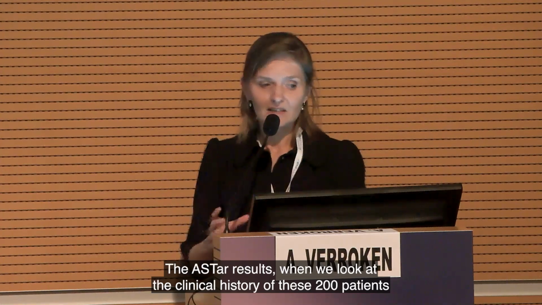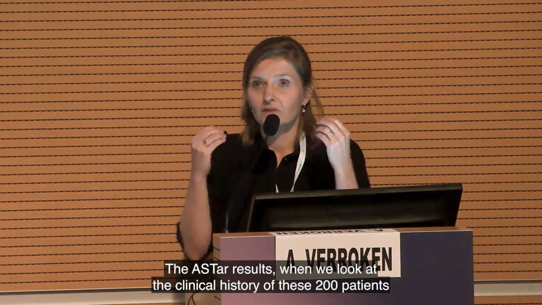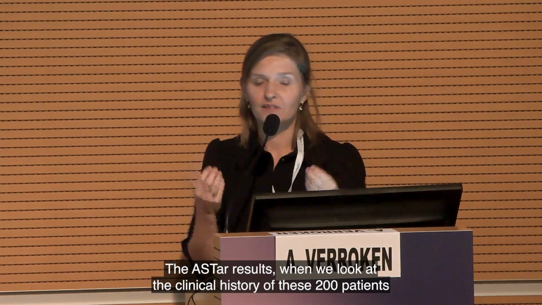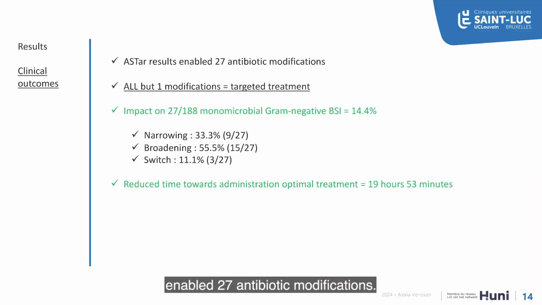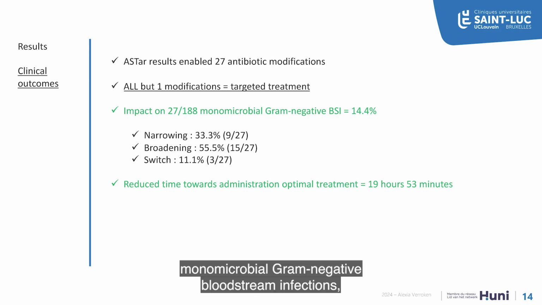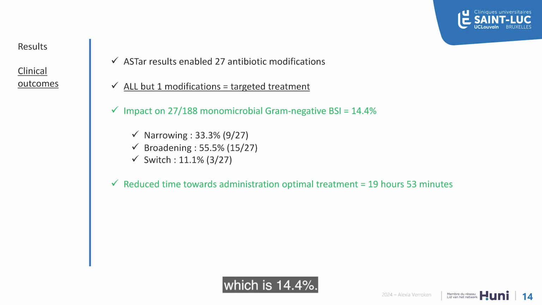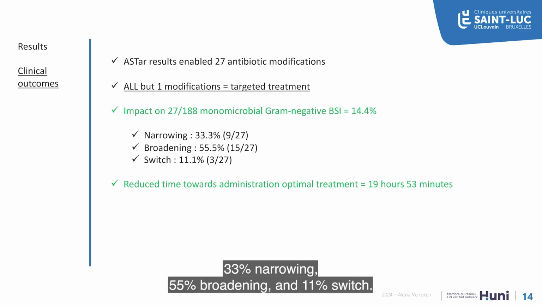So ASTar results, when we look at the clinical history of these 200 patients, enabled 27 antibiotic modifications. So we could say, okay, we have an impact of 27 out of 188 monomicrobial gram-negative bloodstream infections, which is 14.4%. 33% narrowing, 55% broadening, and 11% switch.